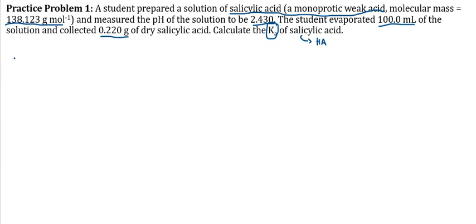I'm going to set up my RICE table, and I'm going to set up my reaction first. I'm just going to use HA in place of salicylic acid. So HA dissociates into H plus and A minus.